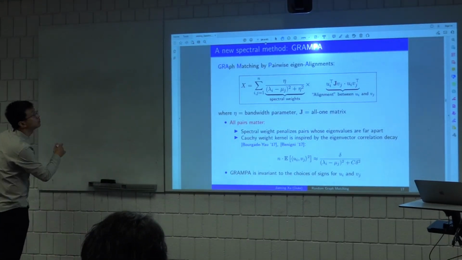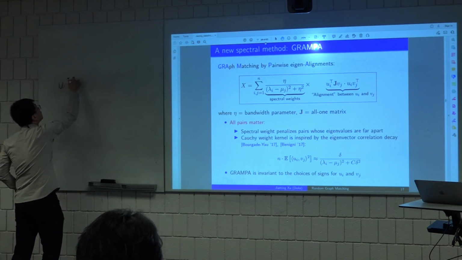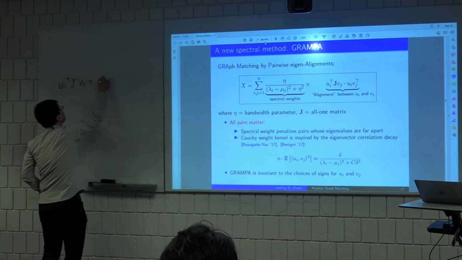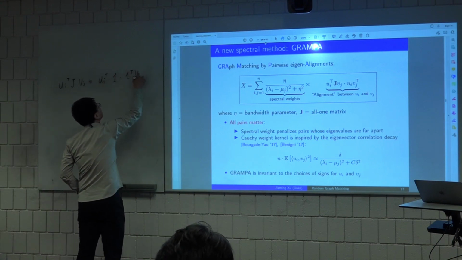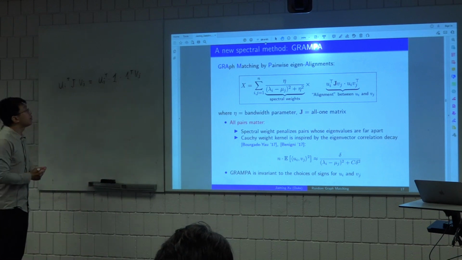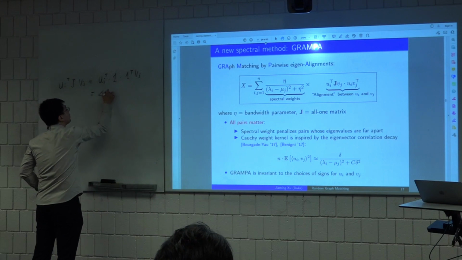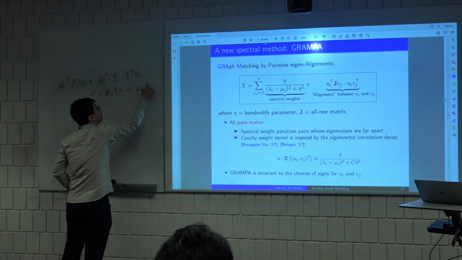Yeah, so another way to write this, let me expand it out. If you expand it out, it's like this, right? So what it means is that you compute the inner product between UI and the O1 vector, and between VJ and the O1 vector.